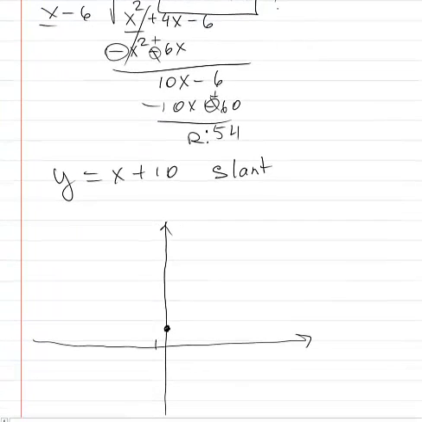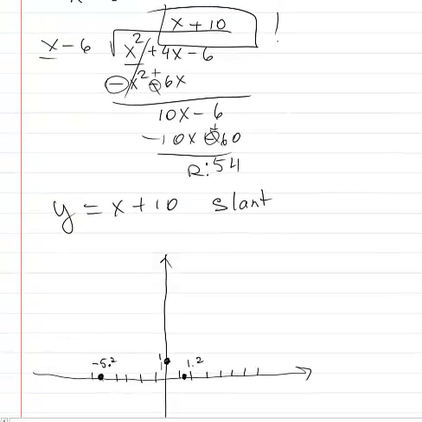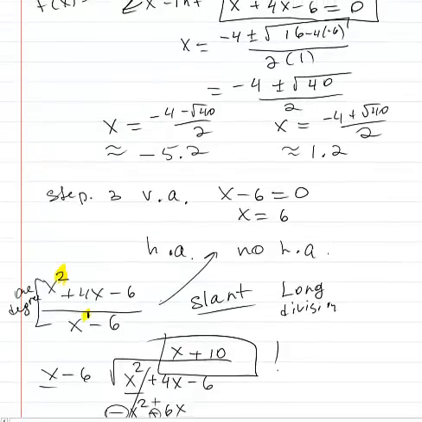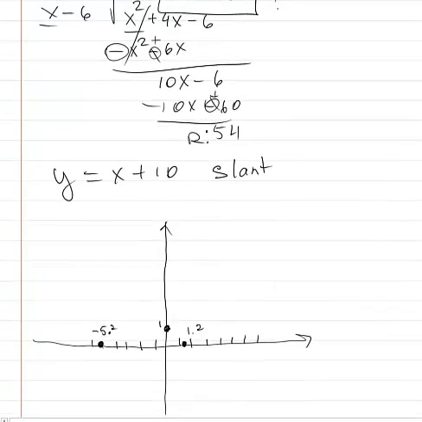So 1, 2, 3, 4, 5, 6. Something like that. Minus 5.2 and 1.2, somewhere around here. About, okay? They don't have to be exact. And this one is 1. Now we have an asymptote. The vertical asymptote is at x equals 6.